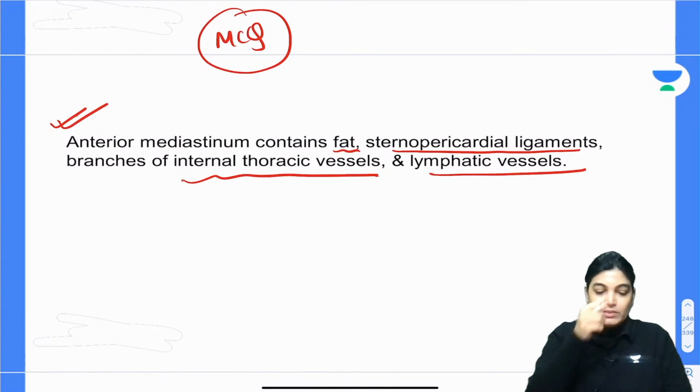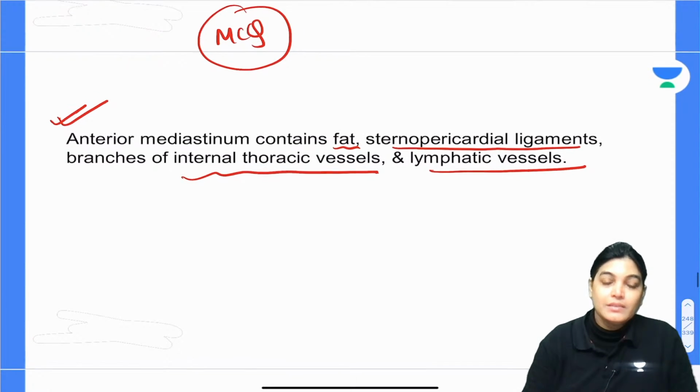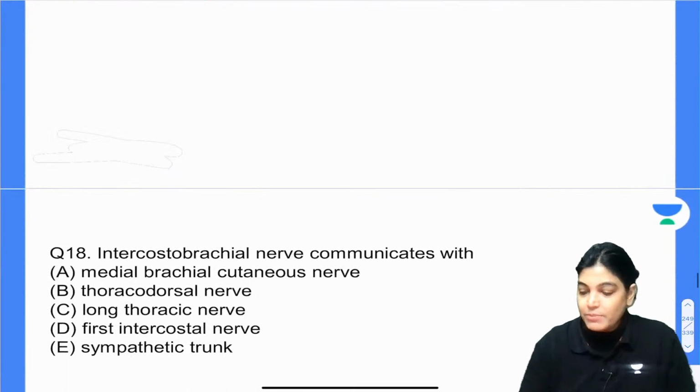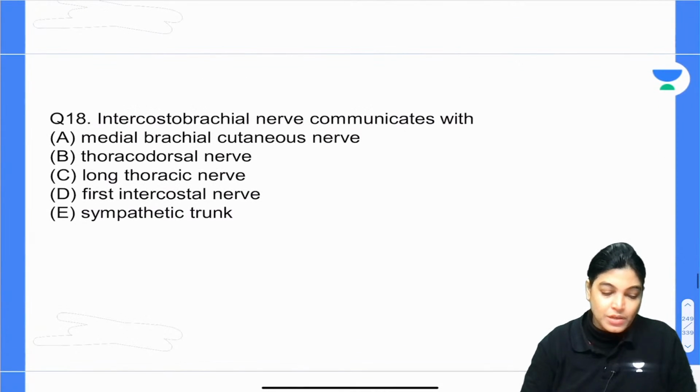Okay, done with this. Contents of mediastinum is an important topic for your FMG entrance examination. So yes, let's move on to the next, that is question number 18.